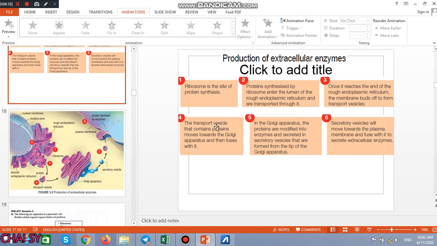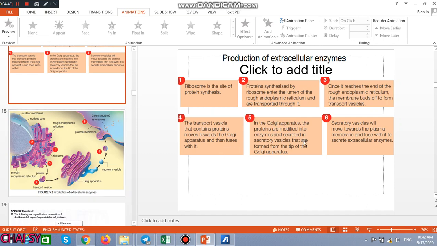This transport vesicle will move to where? Yes, the transport vesicle which contains protein will move towards the Golgi apparatus. Why does the transport vesicle containing protein move towards the Golgi apparatus and fuse with it?